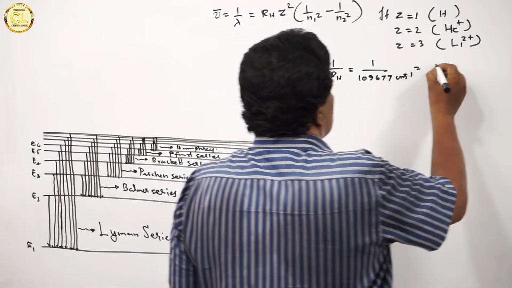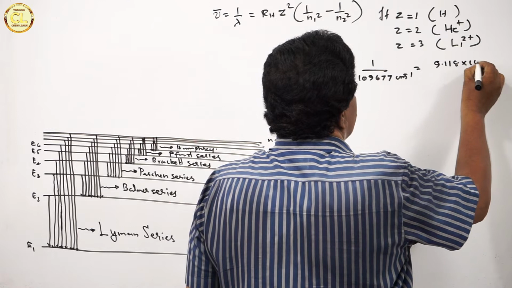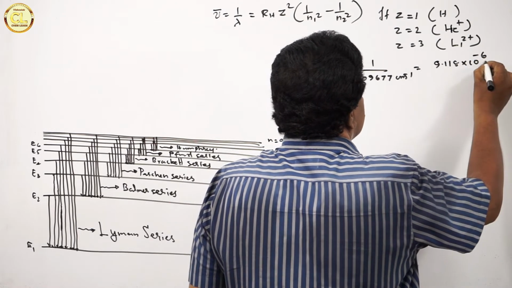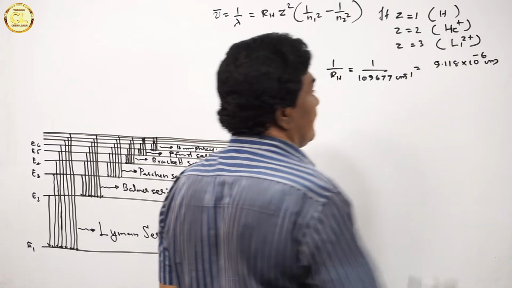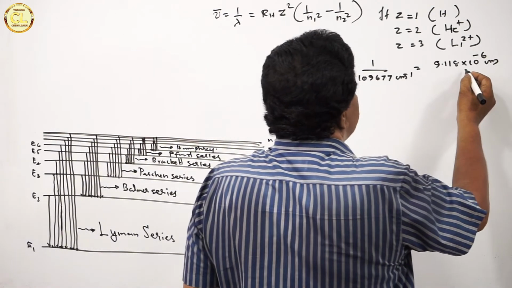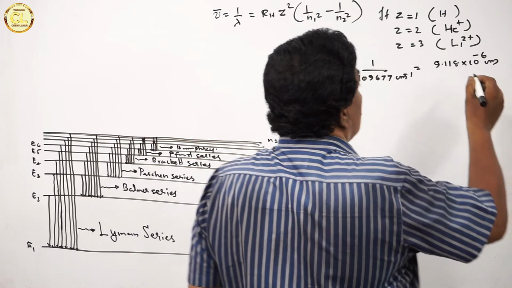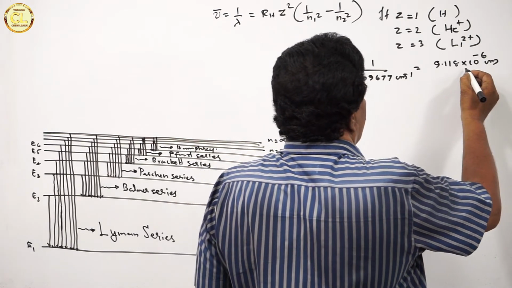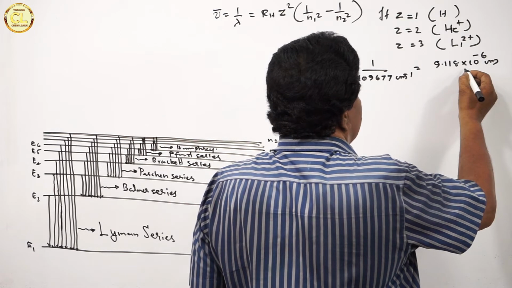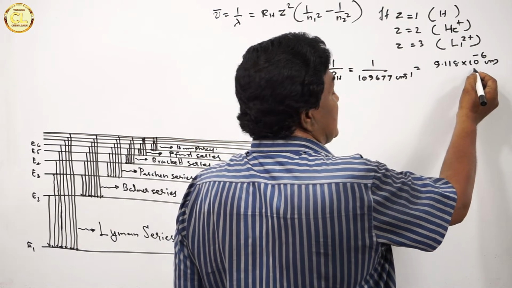That is equal to 9.118 into 10 raised to minus 6 centimeter. Centimeter inverse becomes centimeter. See, this can be expressed in meter by dividing by 10 square, that is 100.